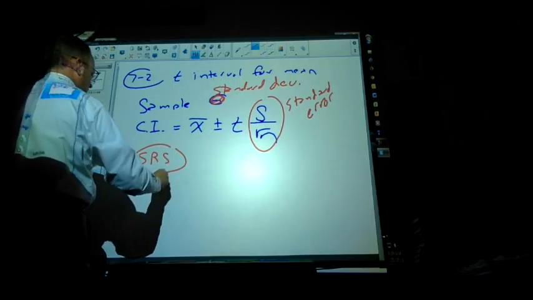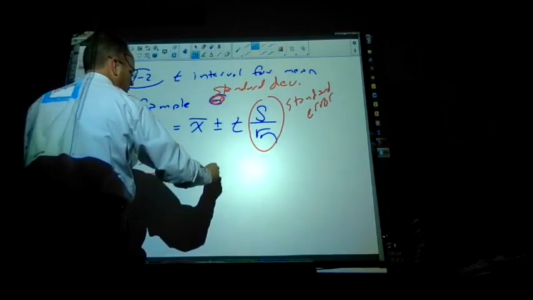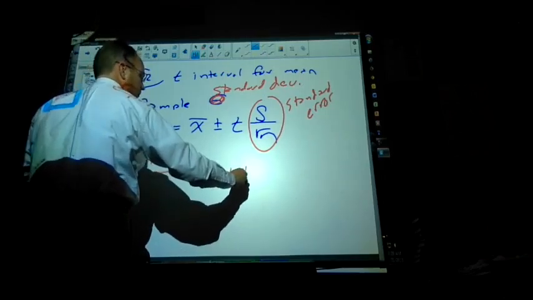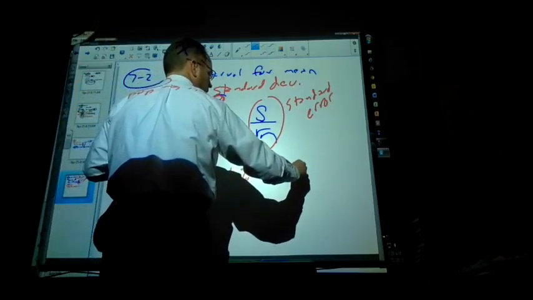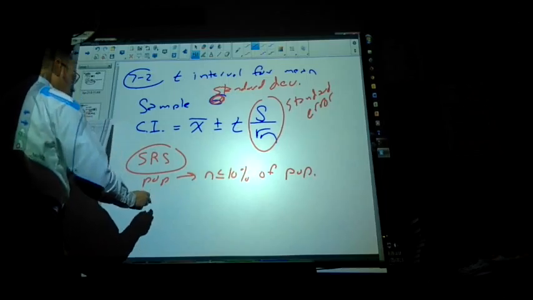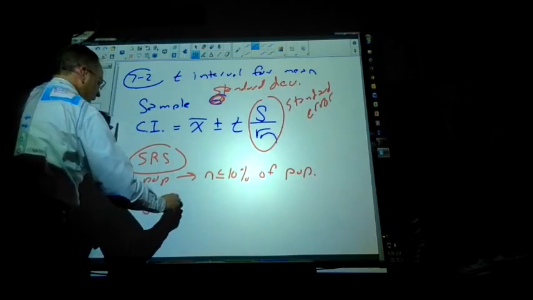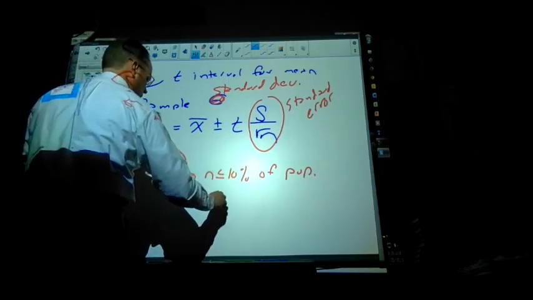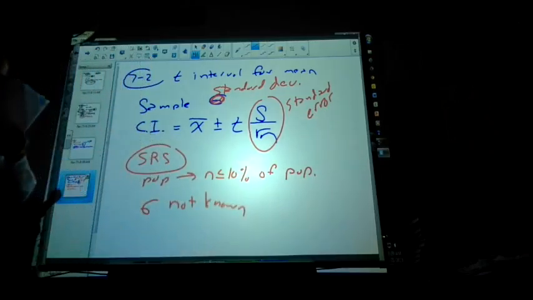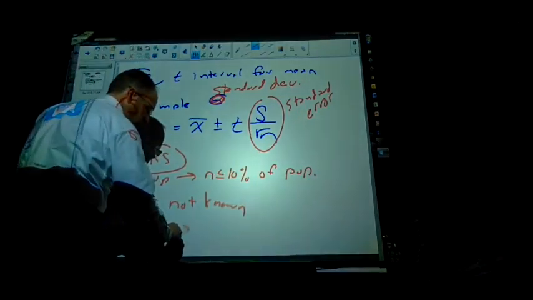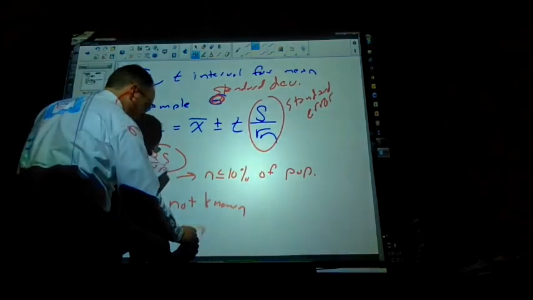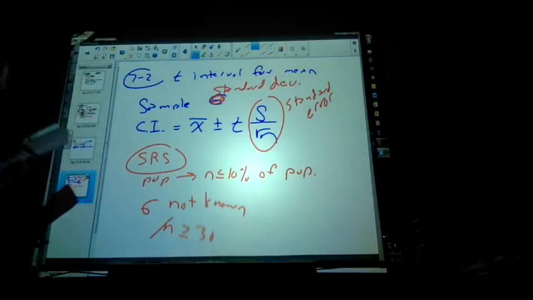Population, this should still be, the n is less than 10% of population. And then this is not known. And again, this is where our flow chart in the population is normal because you have n is greater than or equal to 30. So either of these take place, we're going to t.